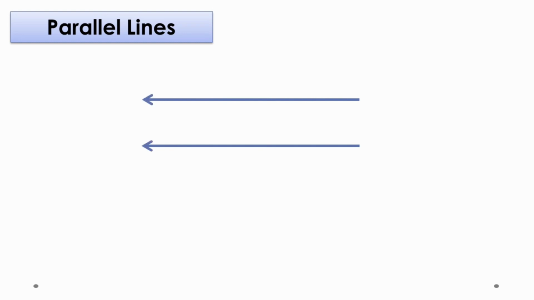Now let's move on to parallel lines. Unlike intersecting lines, parallel lines are the lines that never meet at any point. So for the lines to be parallel, they do not meet at any point even if we extend them in any direction. The distance between the parallel lines at any point remains equal.